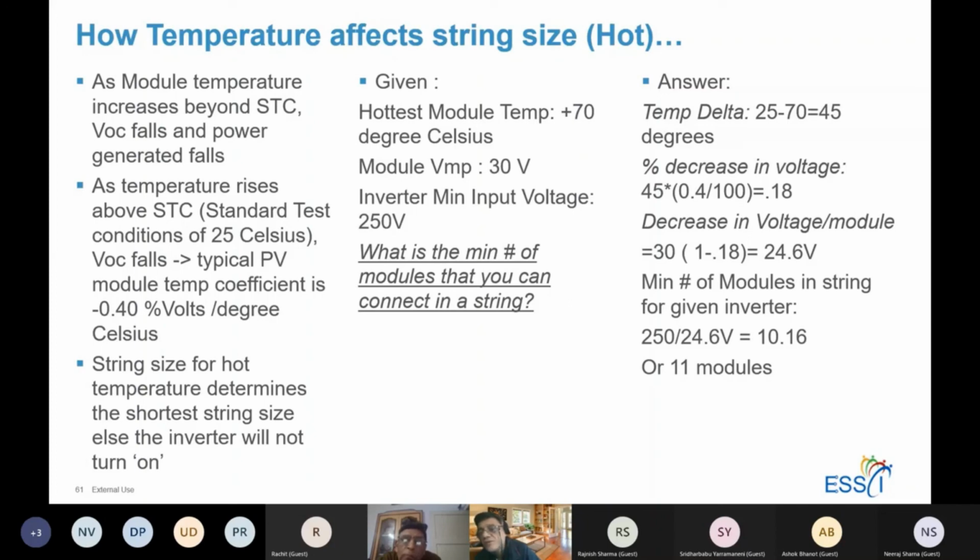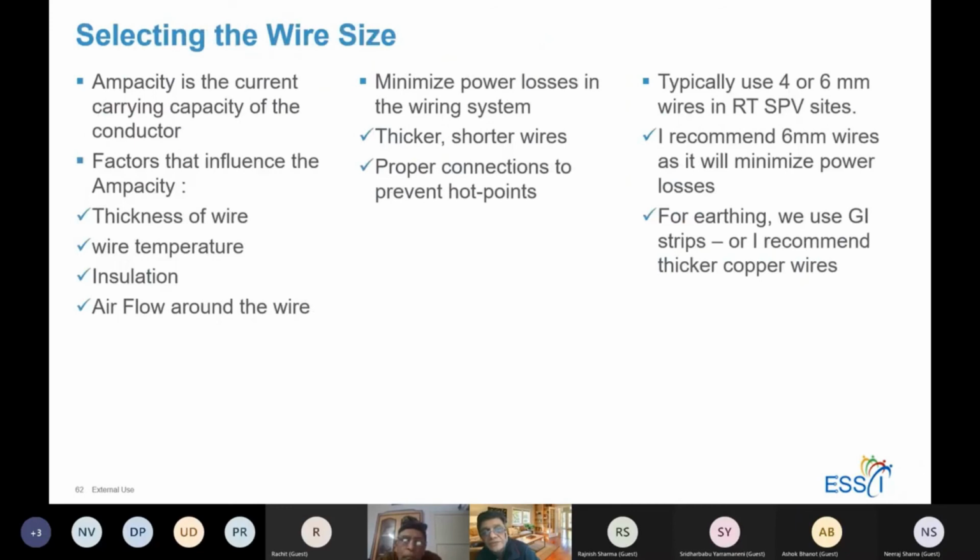But now you will not take the lower figure, you will take the 11 figure, because you have to give at least 250 volts to the inverter. So you can see that you will select a string with a minimum of 11 modules in this particular analysis. So you do factor these things in as you do your system design.